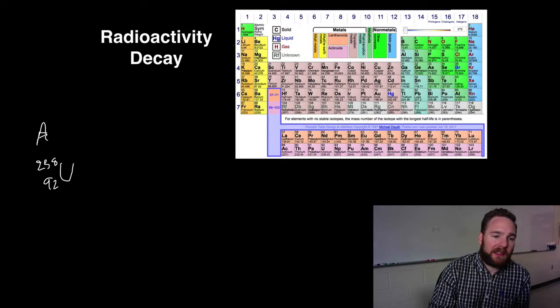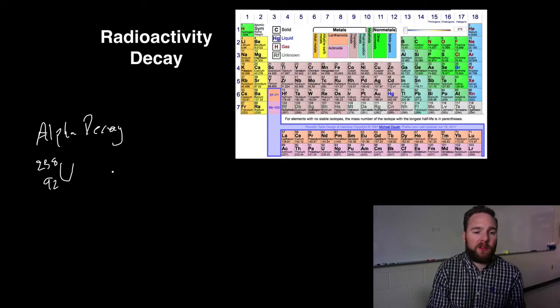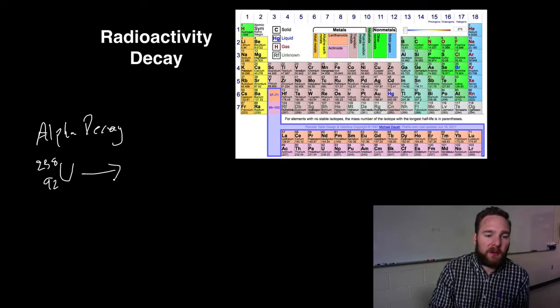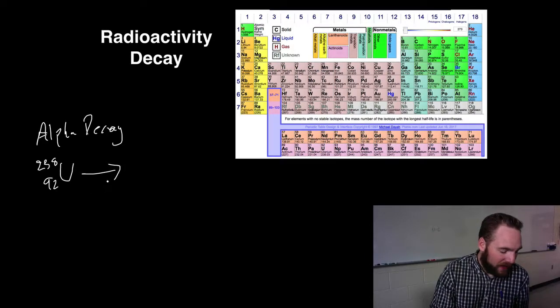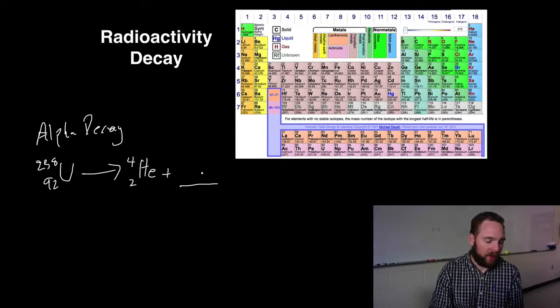And this is going to be an example of alpha decay, or an alpha particle decay. Okay, so this is going to be similar to an equation in math. It's a chemical equation, which we know this is the yield sign, right? Very important. Okay, so we know alpha decay is actually a helium atom. Remember, 4 is the atomic mass, 2 is the atomic number. So this will be given to you in the problem, the reactant side, and then this part of the product side. We need to figure out what goes right here.